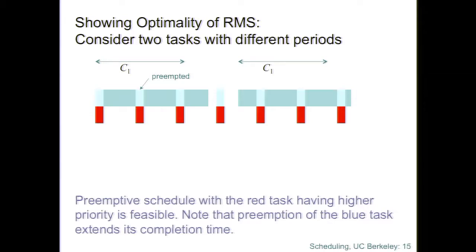Proposition A implies proposition B. Okay? And proposition A is any priority assignment yields a feasible schedule, implies that the rate monotonic priority assignment yields a feasible schedule. Okay? This proposition is true if and only if this proposition is also true.